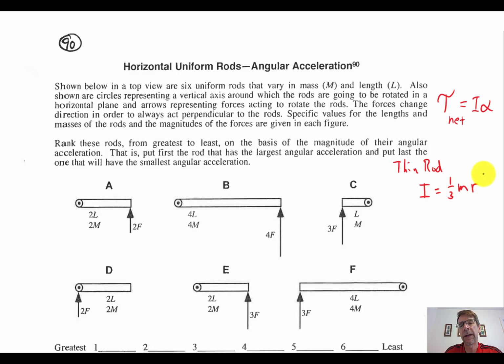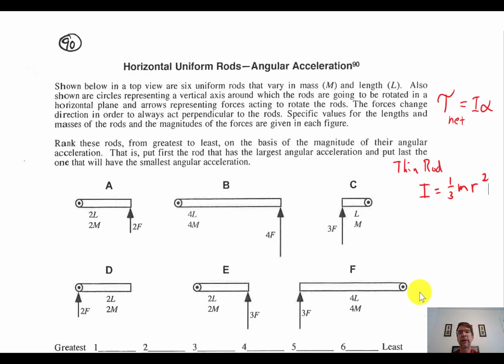You always have that mr squared, but this is 1/3. If you try to spin a thin rod about its middle, I think it's 1/12 mr squared. It's much easier to spin it. It has way less rotational inertia if it's spun around its middle. But this is being spun around its endpoint. It's 1/3 mr squared. So we're going to need to know that.